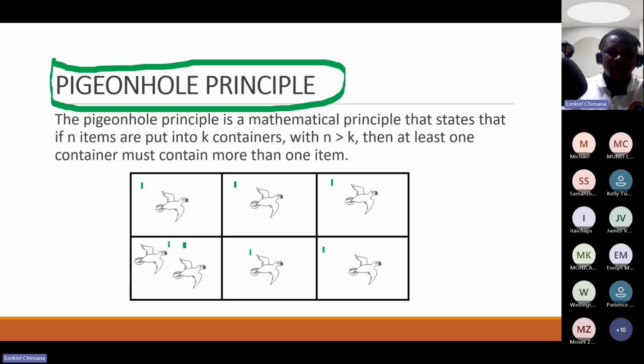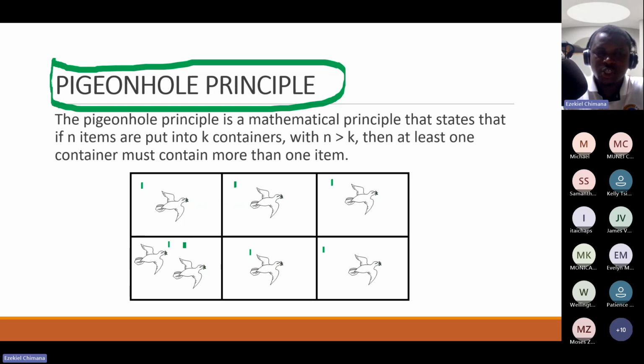So for every question that falls under the pigeonhole principle, you need to tell us that with the scenario that you have given me, there's always one pigeonhole which is going to contain at least one pigeon. That's the basic principle of it.